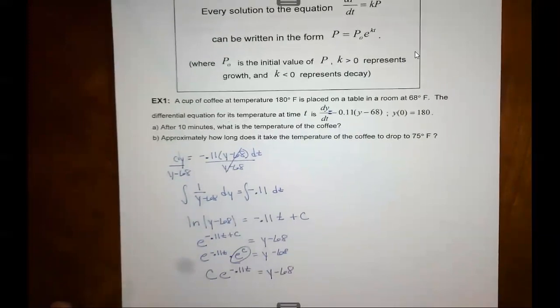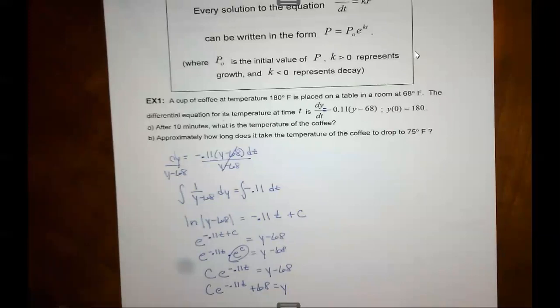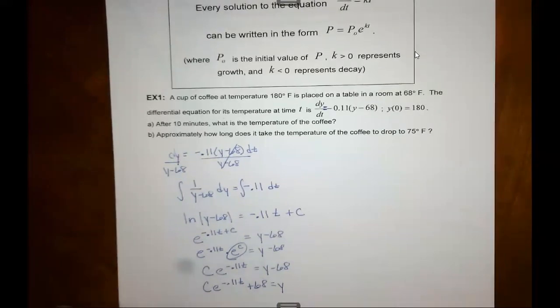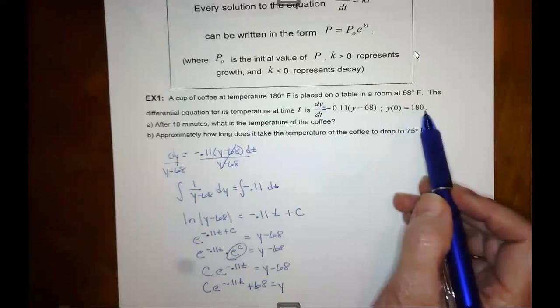All right, so I guess we could go ahead and add the 68. We have c e to the negative 0.11 t plus 68 equals y. So now they gave us this initial condition. When t is 0, then y is 180.